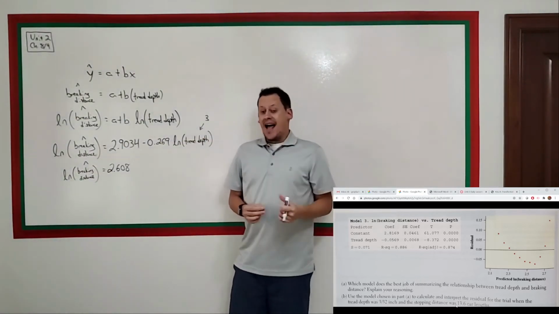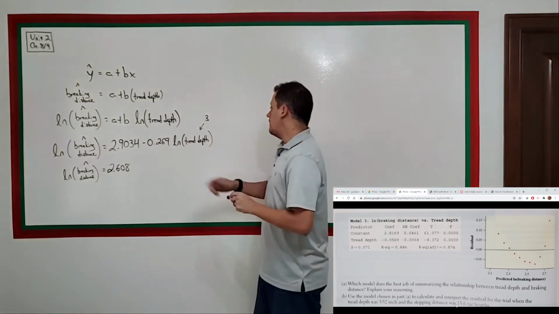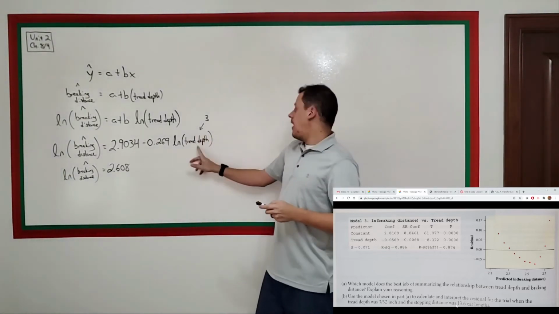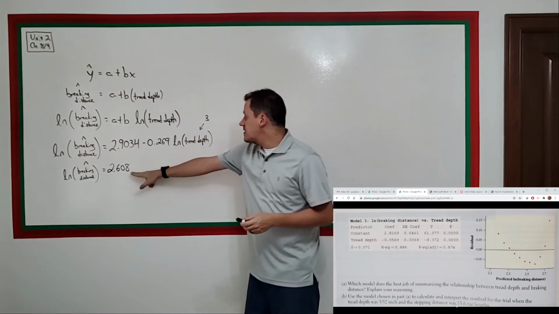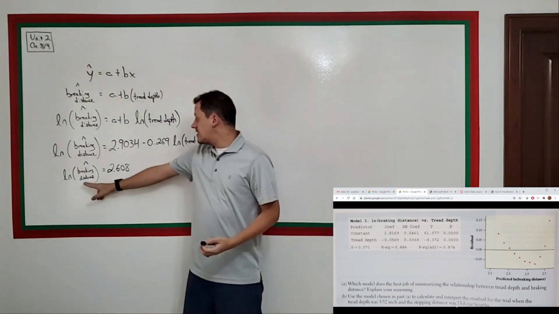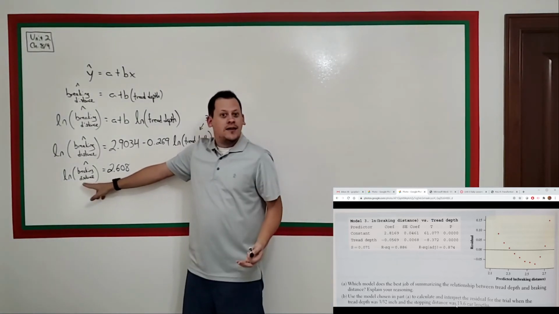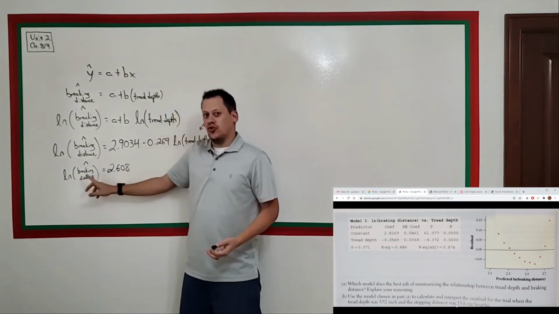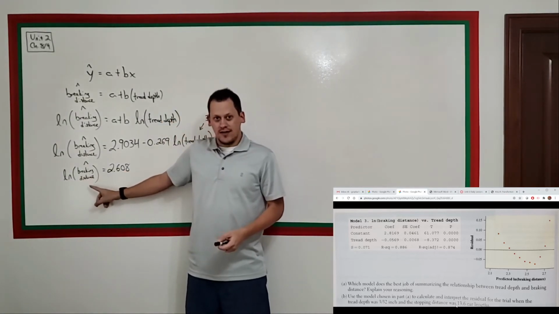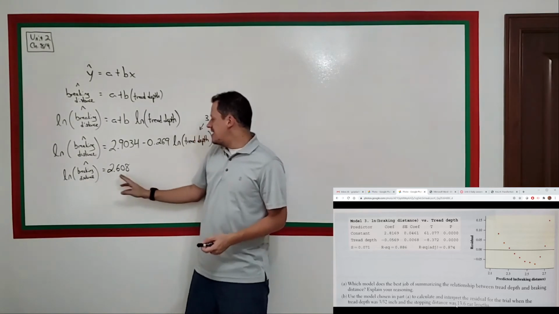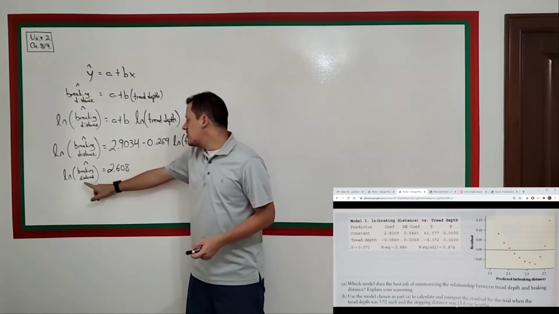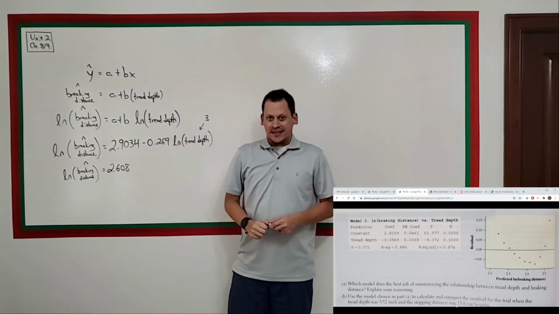So in the past, when we plugged values in for our explanatory variable, when we got this value, we were done because this was just y hat. But this is the natural log of the value we're interested in. So what do we need to do to this number to get it to be just estimated braking distance here?